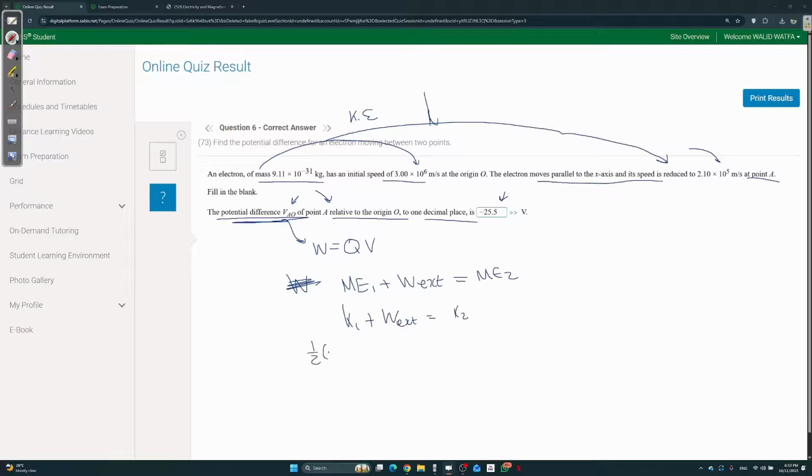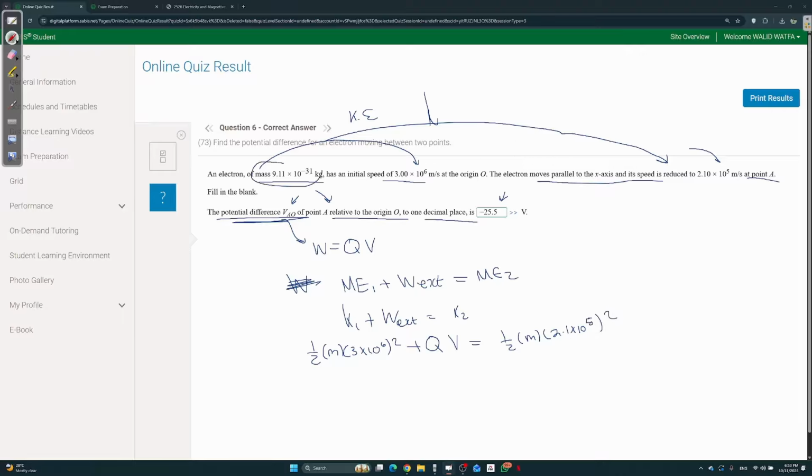Half M, I'm going to keep M because it's a big number, times V squared, so 3 times 10 to the power of 6 squared, plus work external, which is QV, equals K2, which is half M times 2.1 times 10 to the power of 5 squared.